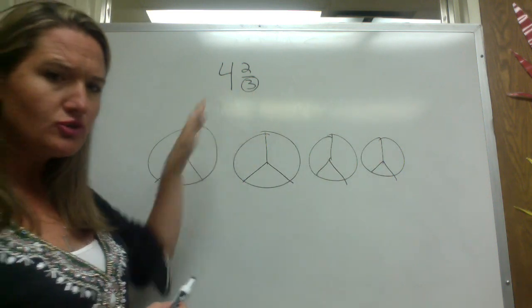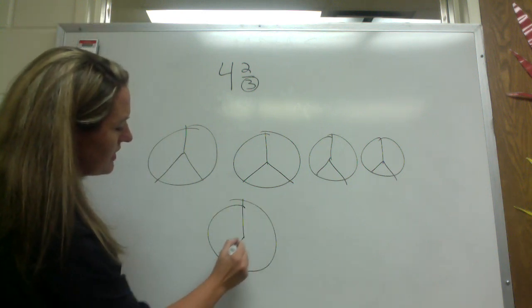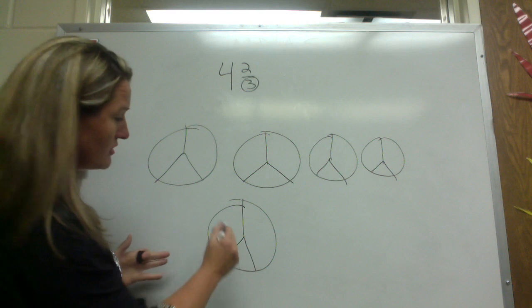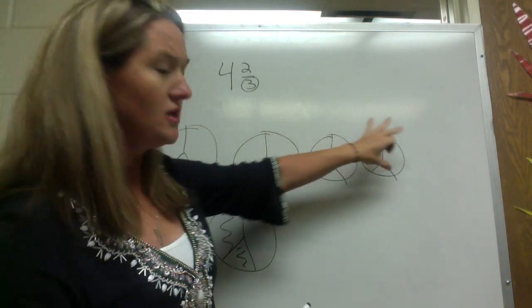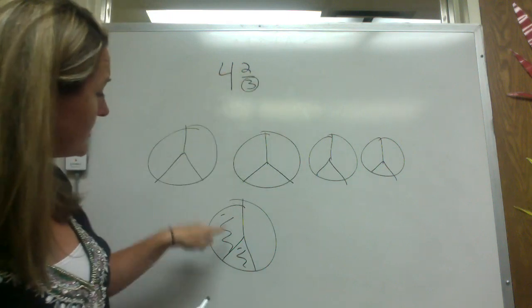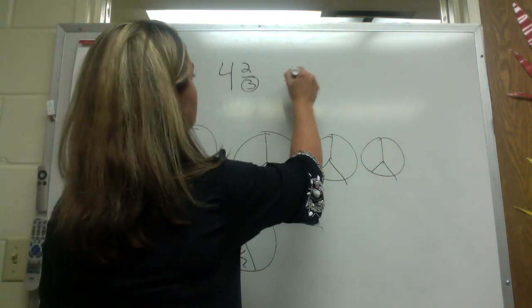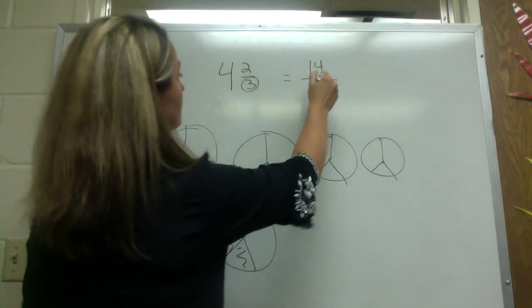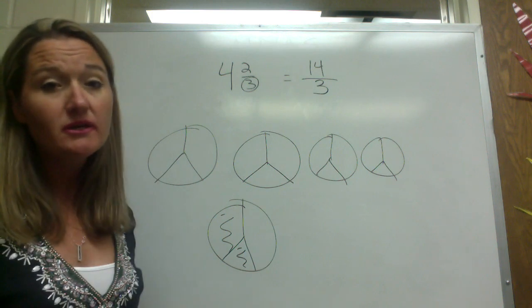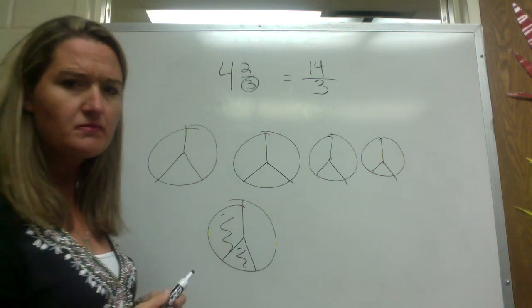But I still have 2/3 also, so I'm going to draw this 2/3. I also have another whole with 2 pieces taken. So I've got the 4 wholes, 12, and then I add those 2 pieces. That's 14. So I have 14 total pieces, and 3 is my denominator, which says that in every whole there's 3 pieces.